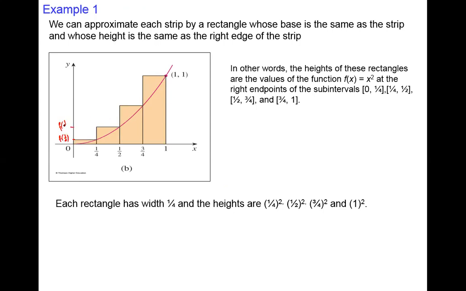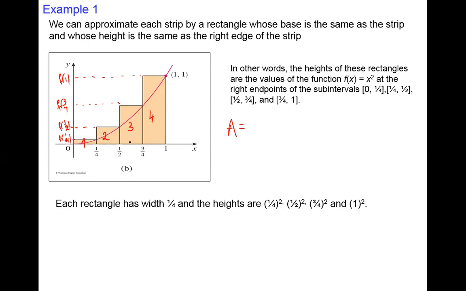This is the value for 1, actually the other way. 1/4, 1/2, value for 3/4, and value for 1. Okay, that means in order to get all of the areas, I will add the first one, second one, third one, and the fourth one, rectangle.